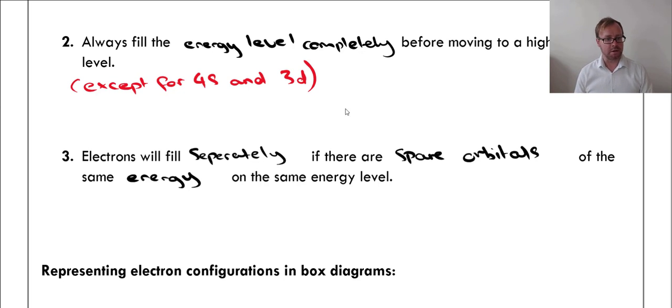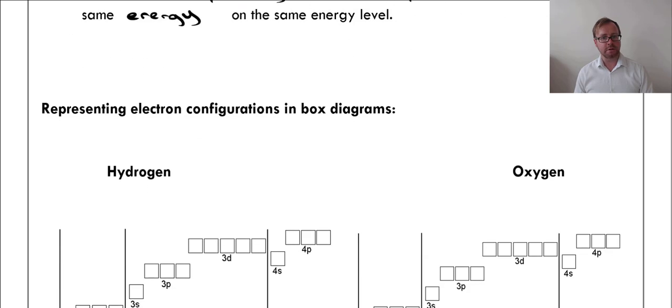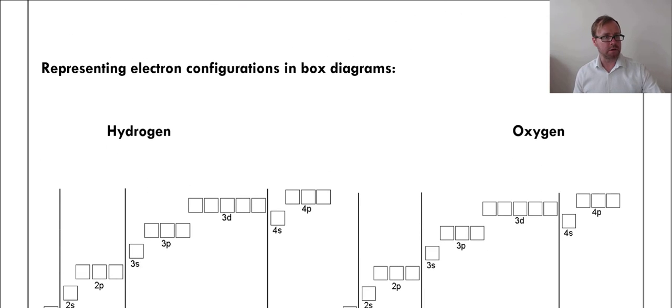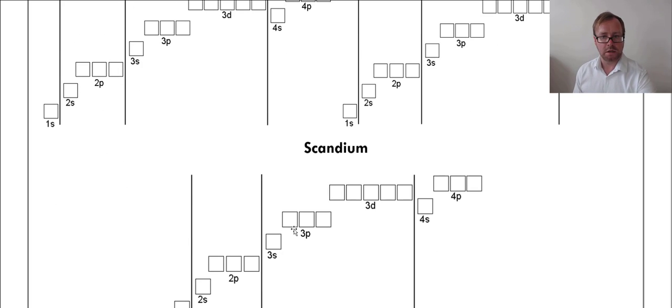Okay, so representing electron configurations in box diagrams. Again, I will do this as an example and then you can have a go later. So we better just write down the atomic numbers. Hydrogen is 1, oxygen is 8, and scandium is 21.